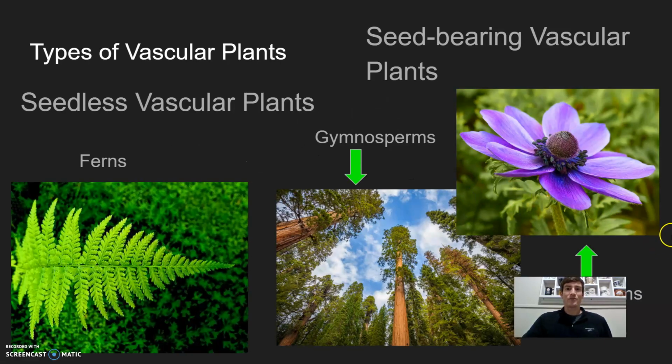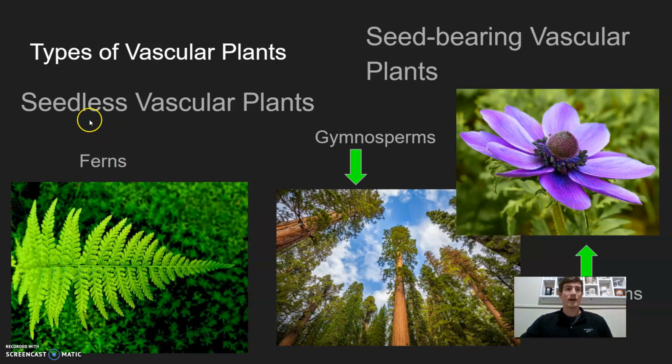So first and foremost, there's two main groups within the vascular plant group. The first one is the seedless vascular plants, and we consider those to be ferns, as well as a couple other examples, which are a little bit less talked about. And then there's also the seed-bearing vascular plants.